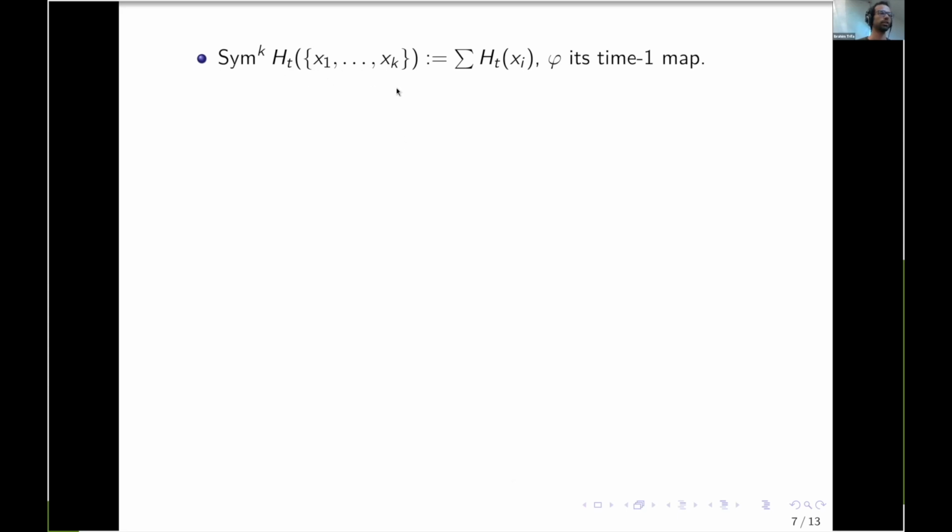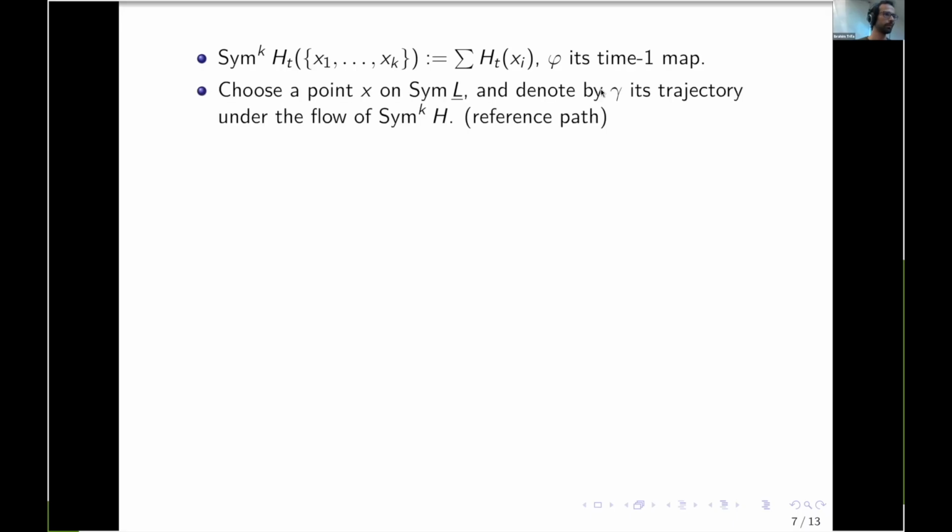Sim k of h is defined as the sum of h at each coordinate, and we will denote by phi its time one map. Then we choose a point x on the Lagrangian sim L, and we denote by gamma its trajectory under the flow of sim k of h. This will serve as a reference path to define the cappings and the action.